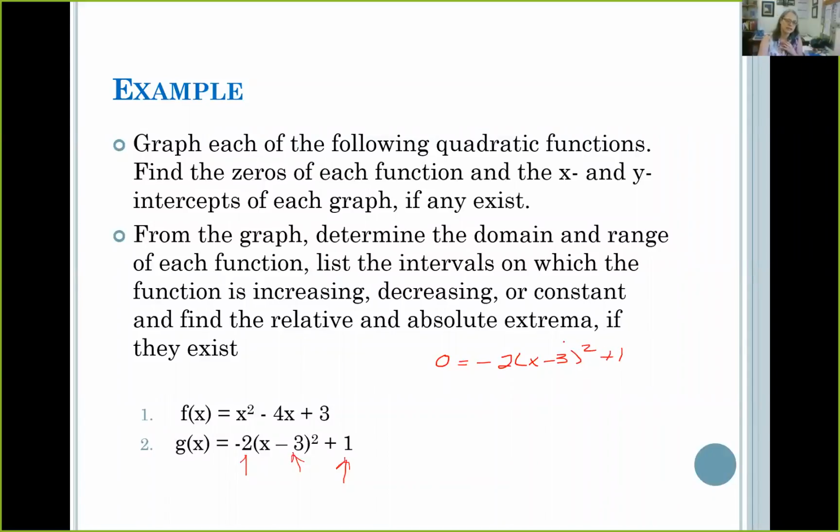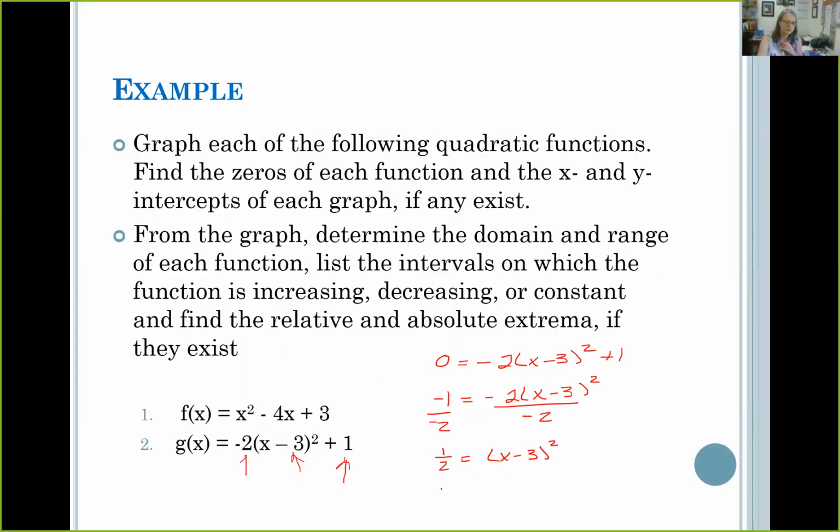We want to isolate the squared term. Let's subtract 1 from both sides. Divide through by negative 2. And we get 1/2 equals x minus 3 squared.